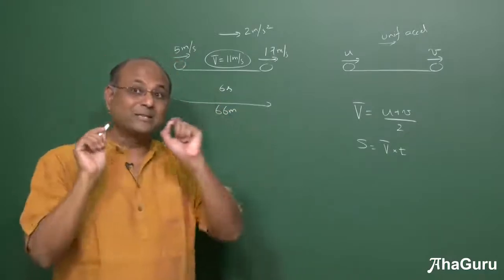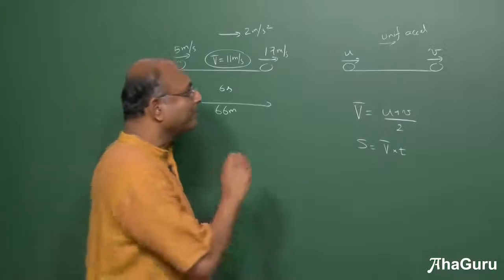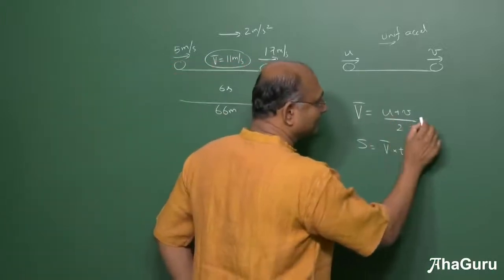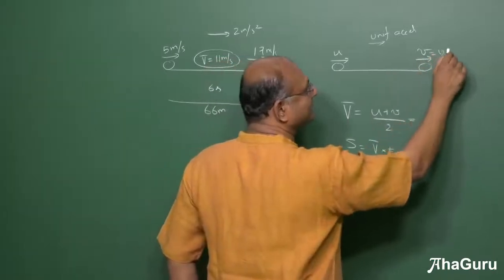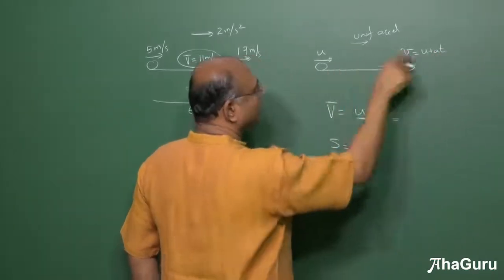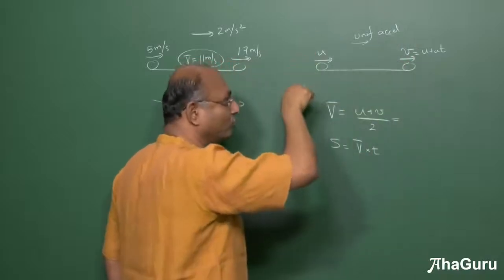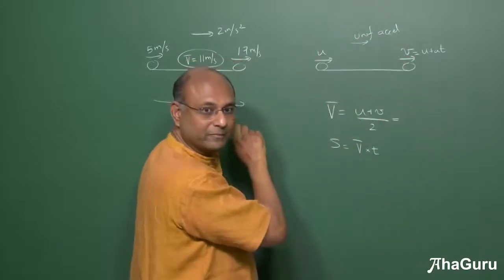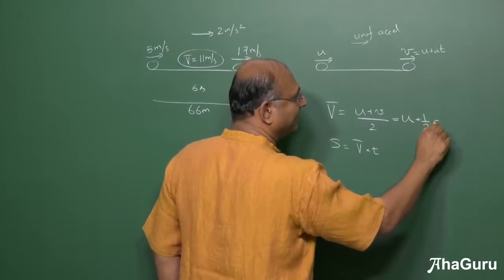But there is a very cool thing you can do, and that really simplifies problems. If I took this and I wrote it in a slightly different way, you know v equals u plus at. So if I do v plus u, I can write u plus at by 2, which is u plus half at.